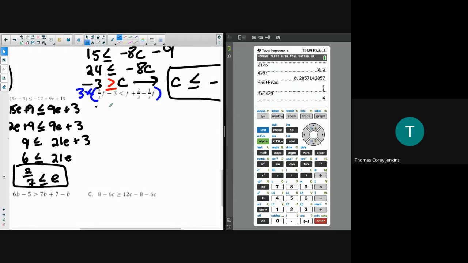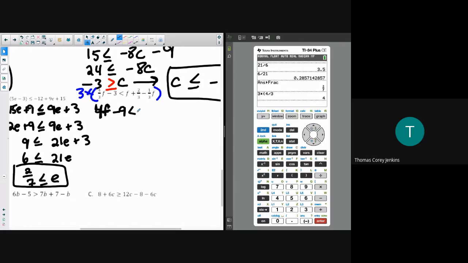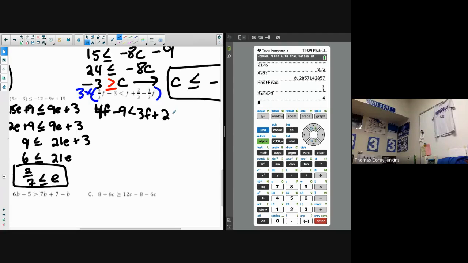So 4f and then -9 is less than 3 times f is 3f. 3 times 2/3 is, well, you could type it in, but if 3 times 4/3 is 4, 3 times 2/3 must be 2. So plus 2. And then 3 times -1/3 is going to be -1. So I'm going to say -1f or -f.